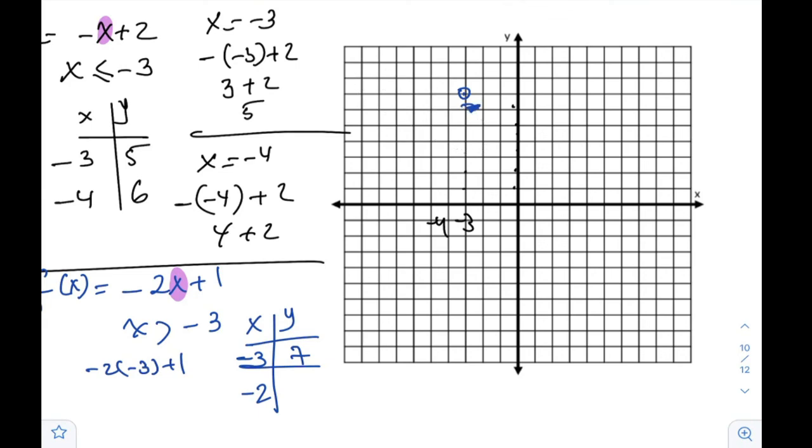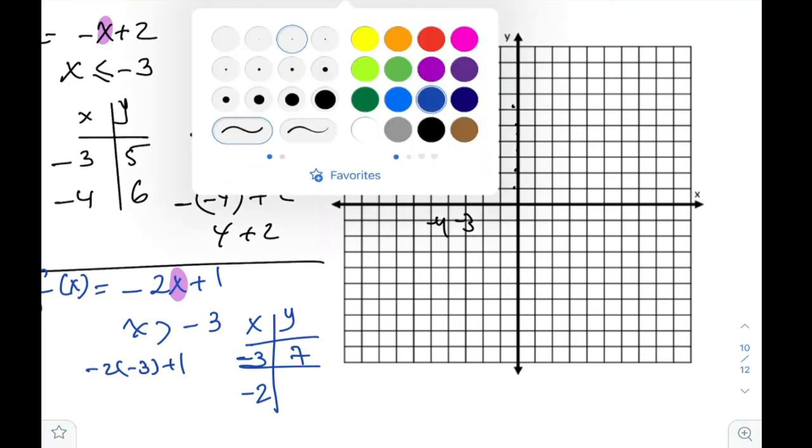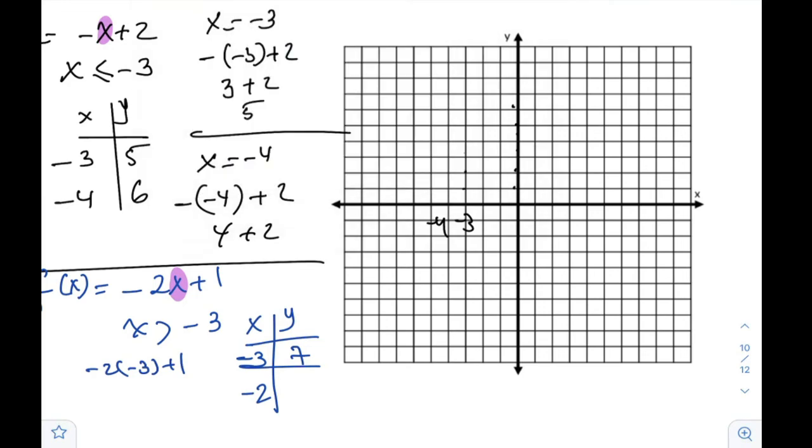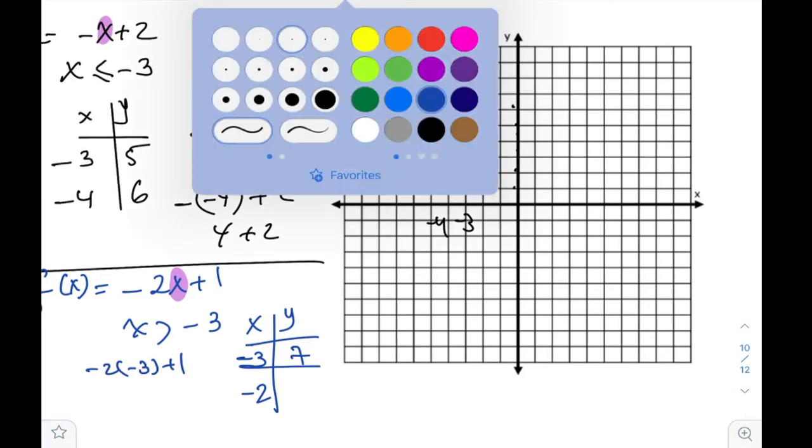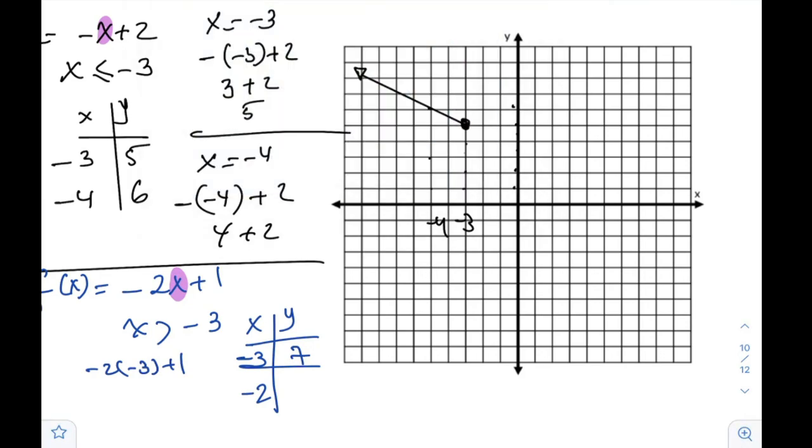I'll erase it, and I'll do it again here for better clarity. So the first one, minus 3 and 5, 1, 2, 3, 4, 5. This is the first one. For the second, for the black one, minus 4 and 6, 1, 2, 3, 4, 5, 6. This is the second point. This is the first line. The second one, I changed the color. Minus 3 and 7.